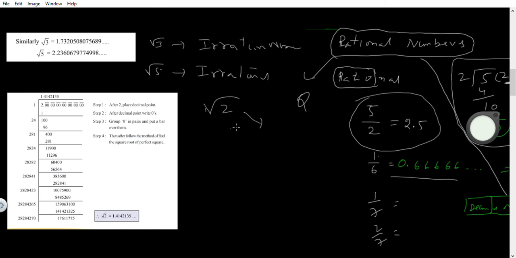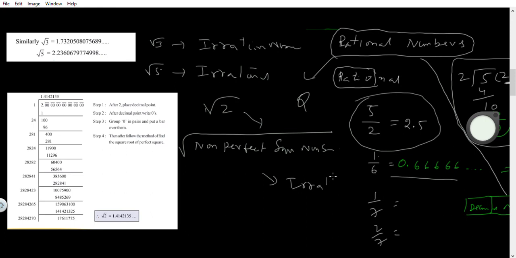Simply, non-perfect square numbers are irrational numbers. A very, very important point. Square roots of non-perfect square numbers are called irrationals.